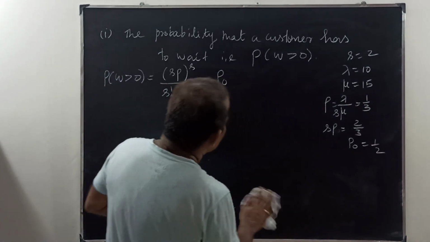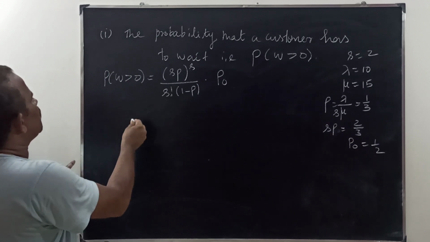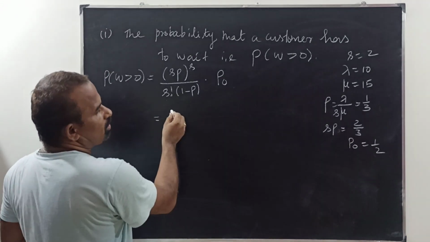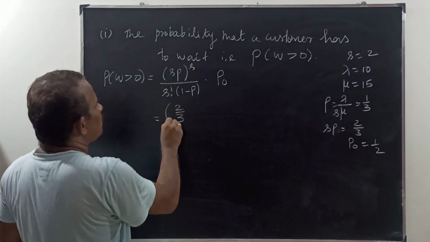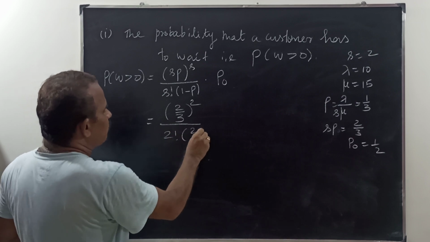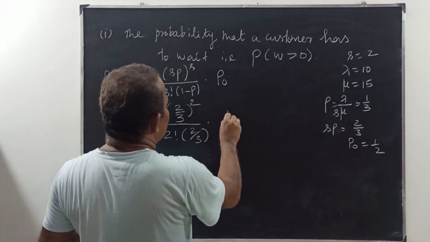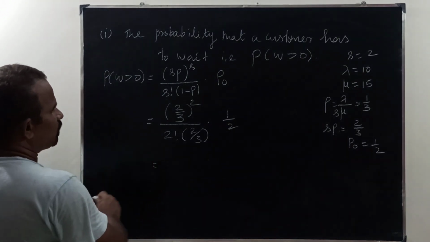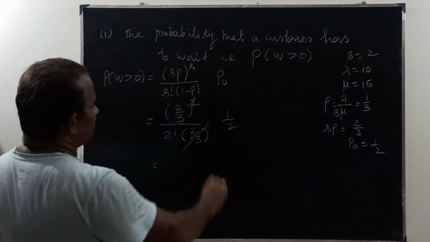Now that we have P naught, the probability that W is greater than 0 is equal to (2 by 3) whole square divided by 2 factorial into 1 minus rho, which is again 2 by 3, into P naught, which is 1 by 2. The 2 by 3 and 2 by 3 will be cancelled.